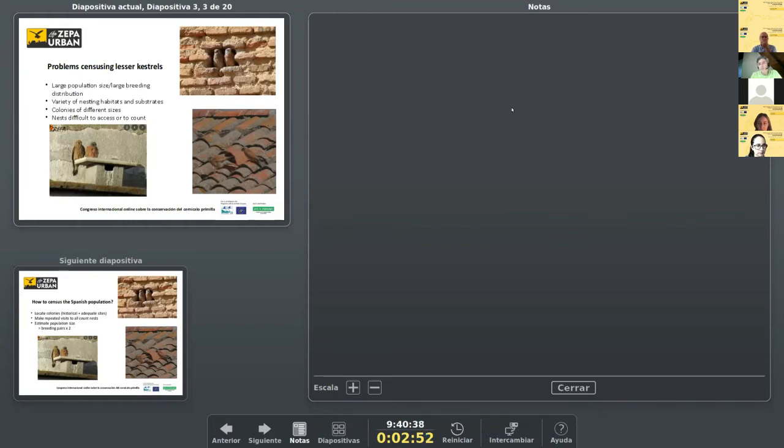They may nest in large buildings, in holes in mechinales, but they can also nest under tiles in roofs. They can use nest boxes. They can even nest in holes in cliffs or under piles of stones. You have colonies of different sizes, and in many instances the nests are difficult to access or difficult to count, especially consider counting nests in a tile roof.